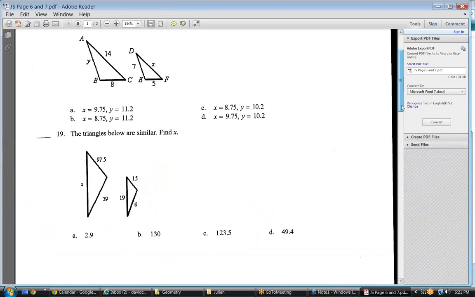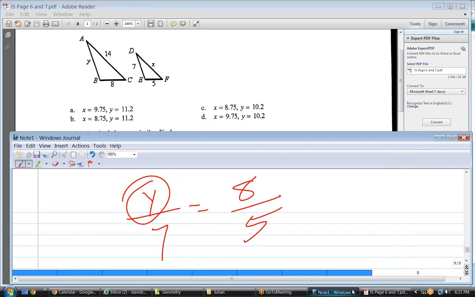Okay, so now you multiply by 7? Okay. Which gives you 56 over 5. You can leave that as the final answer.